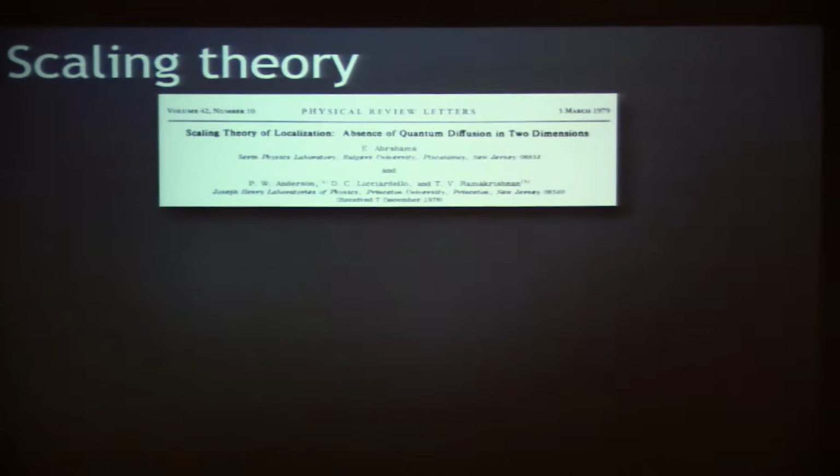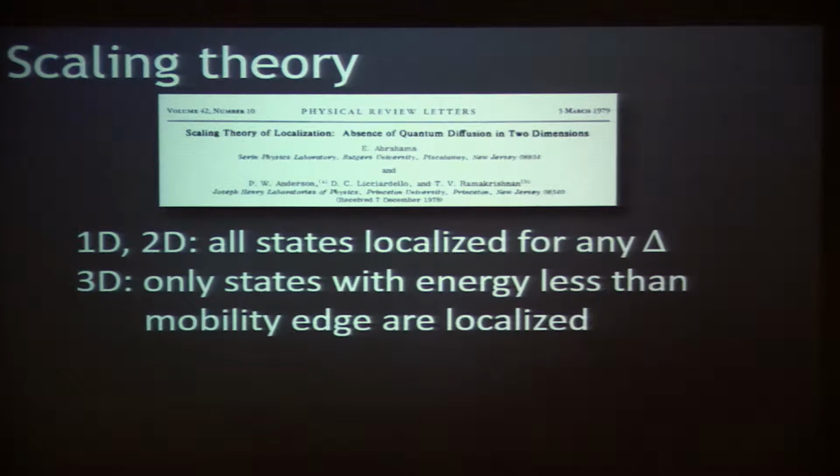One other thing I should mention is this Gang of 4 paper. There's another crucial part of thinking about what should happen here, and other things I'm going to talk about. It's a very famous paper, where they looked at what happens in Anderson localization in different dimensions. And what they found in certain limits is that for infinitesimal disorder in 1 and 2 dimensions, all states are localized, of any energy.